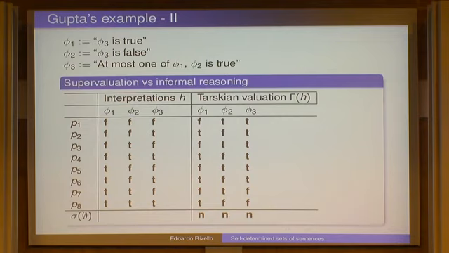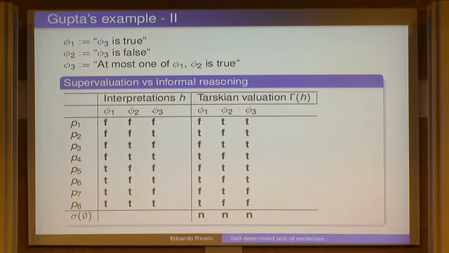Since we have only three sentences at work, we also have only eight possible assignments of truth values to these sentences. Then we can, for each assignment, compute the corresponding evaluation of the sentences in an intuitive way.